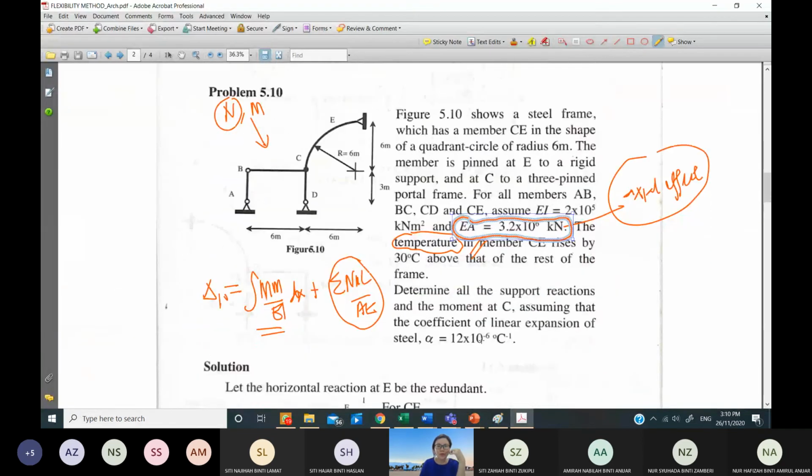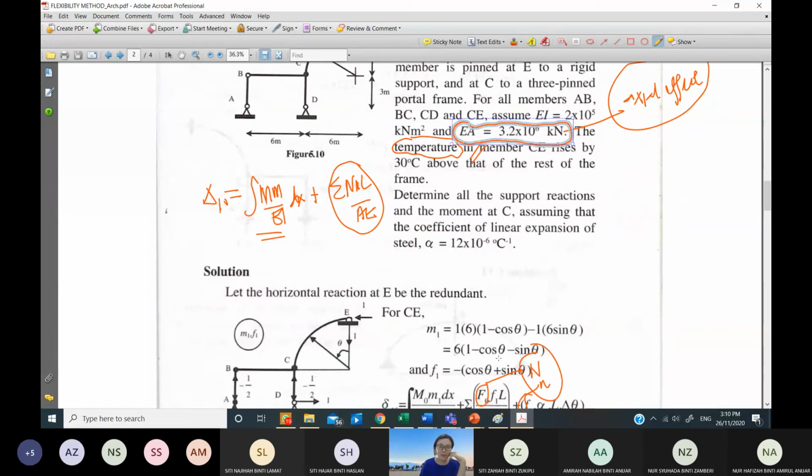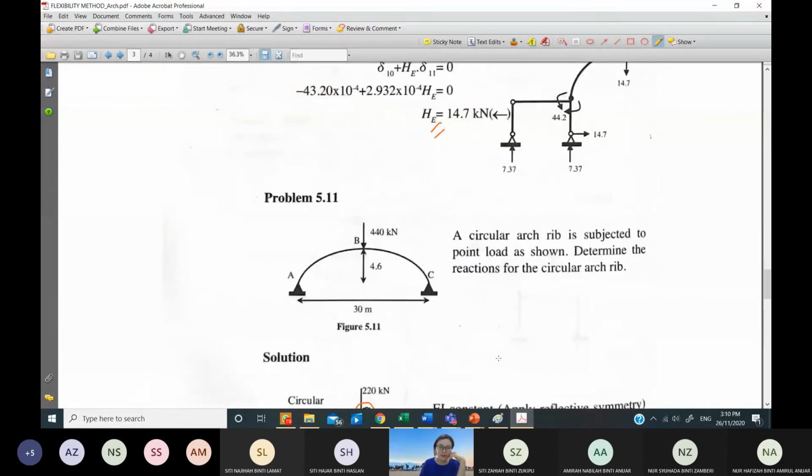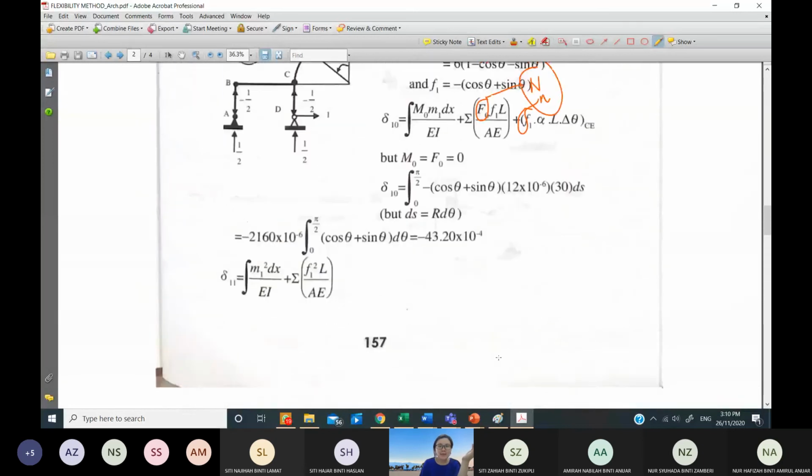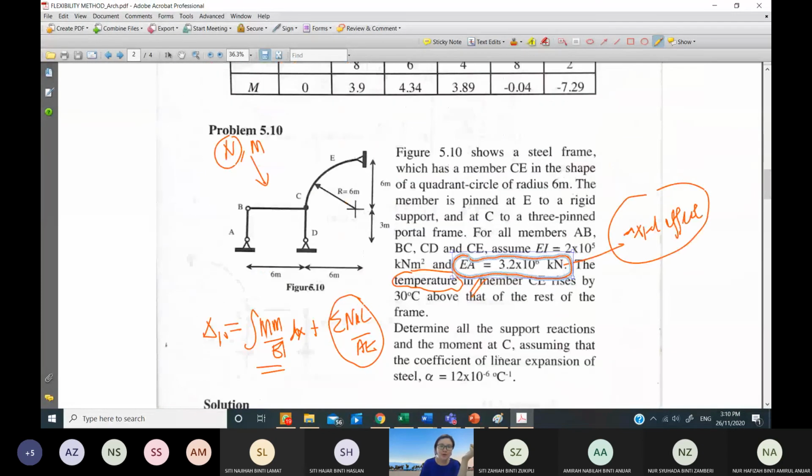Later when you open the handout that I shared today, you will see there are two problems. One is problem 5.10 and the other one is the one that I shared with you just now, problem 5.11. Okay, I chose 5.10 because this is quite an interesting structure.